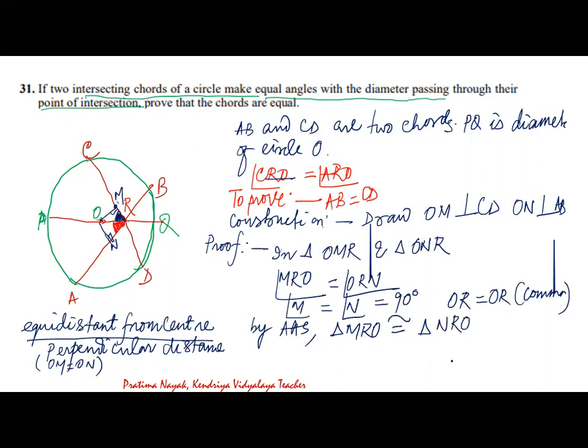So when they are congruent, I can write OM is equal to ON by CPCT. So when distances are equal, AB is equal to CD, because equidistant chords are equal to each other.